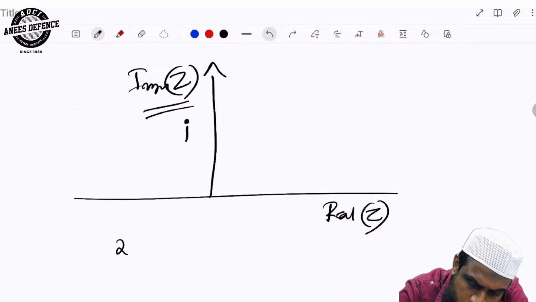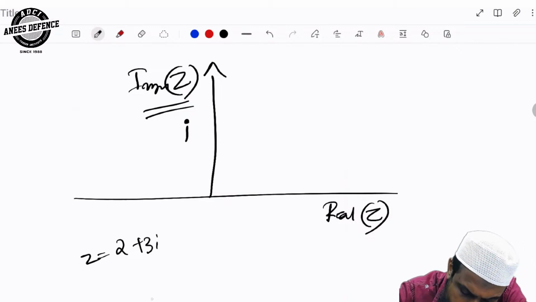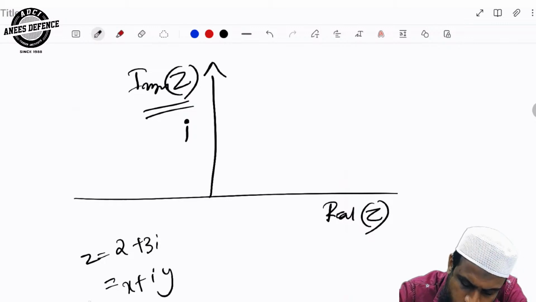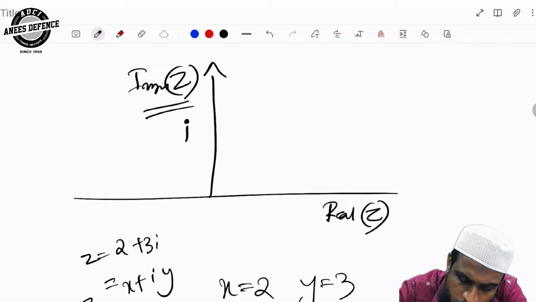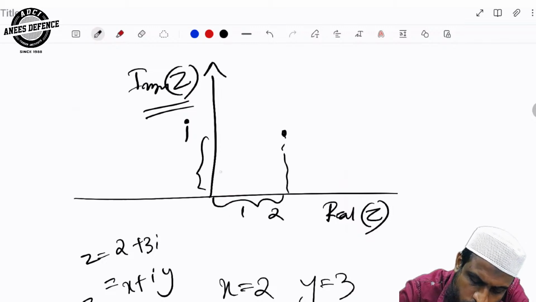For example, z is equal to 2 plus 3i. This is actually x plus iy, so x is 2 and y equal to 3. So this point is 2 on x, and y is 3. This is 1, 2, 3.